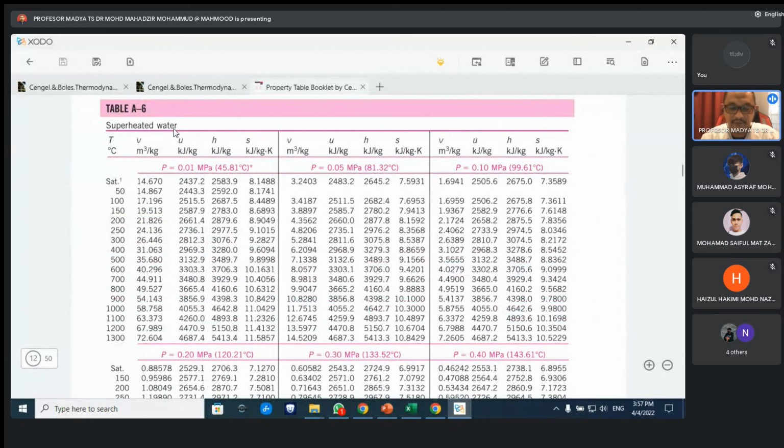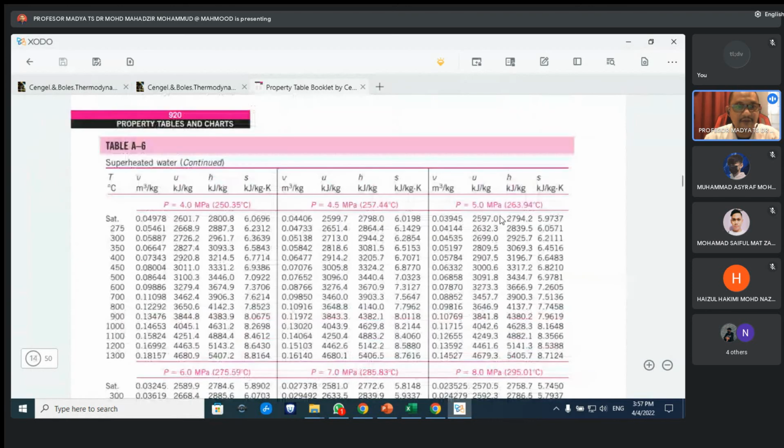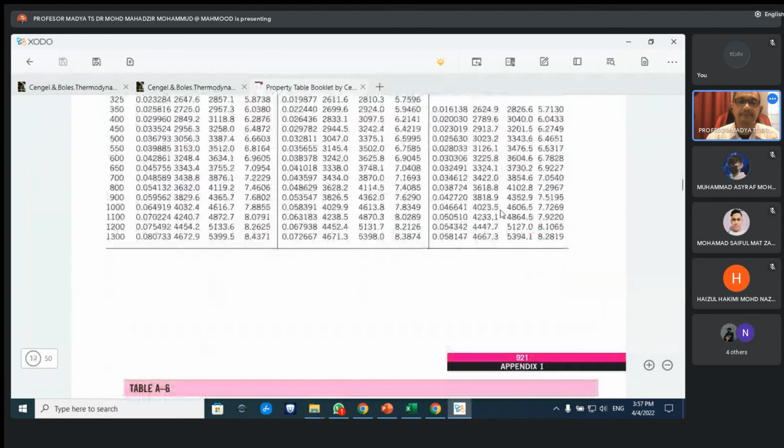If you want to analyze and do calculations based on the properties table for superheated vapor, you have to use table A6, the many pages of A6, until all of A6.